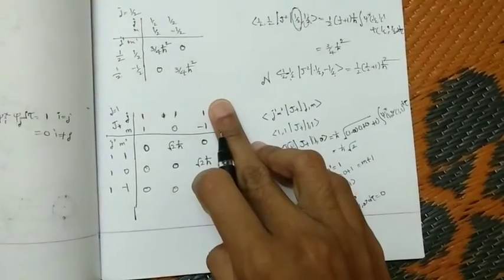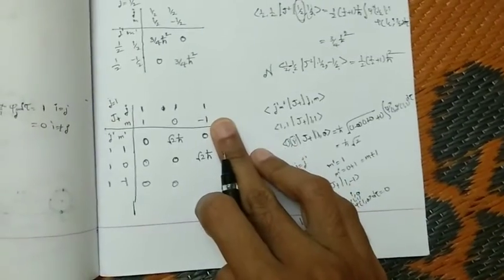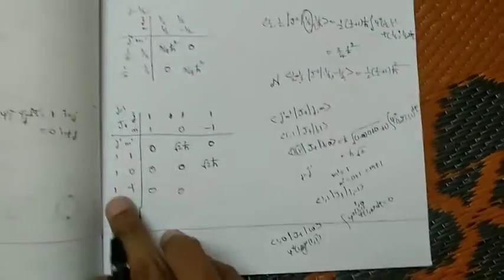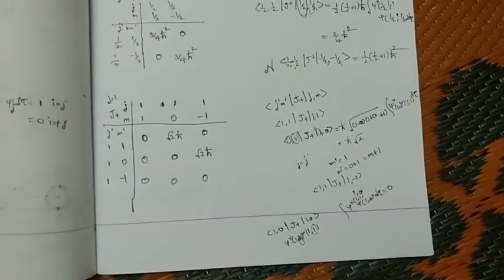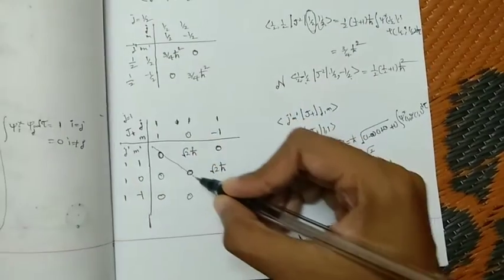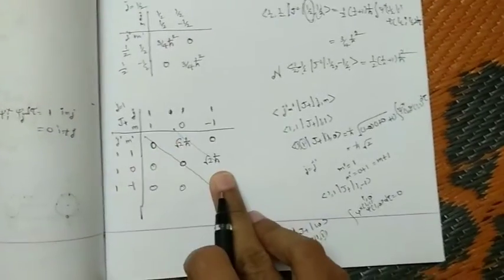And here after the J plus operation we would have (1,0), but here it is (1,-1), so this element would also be 0. Hence if we observe this J plus matrix for j equals 1, the principal diagonal elements are all 0. Only upper diagonal elements would exist.